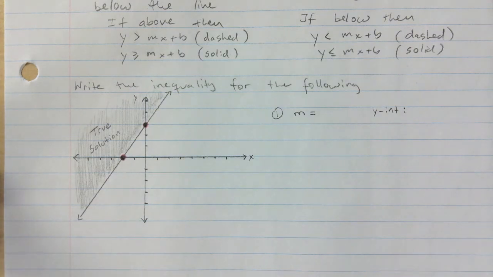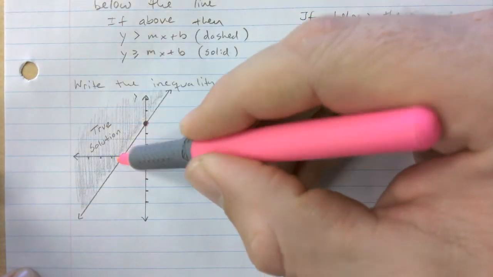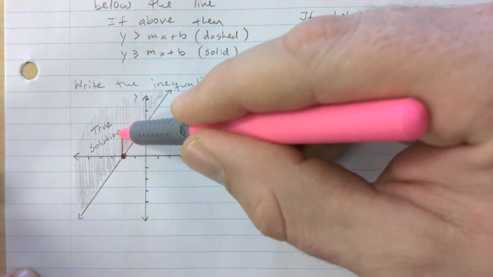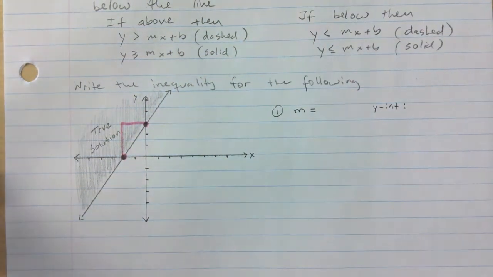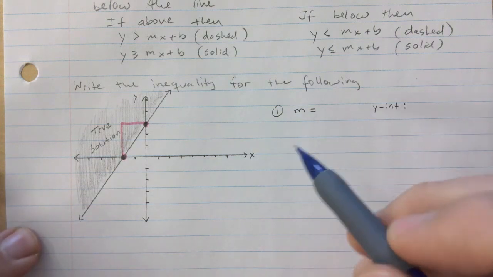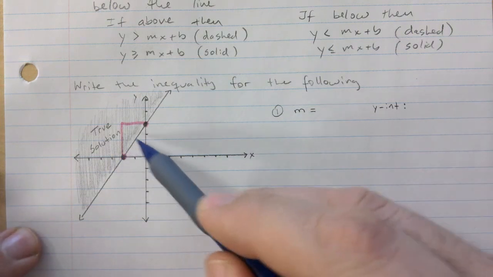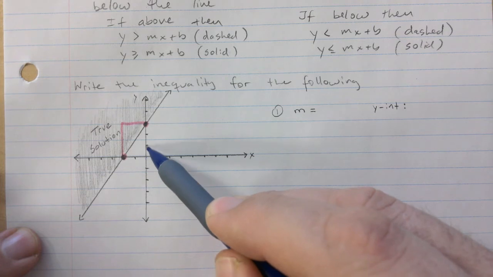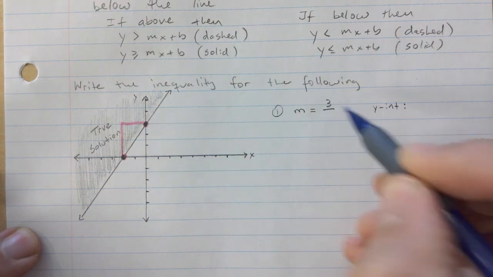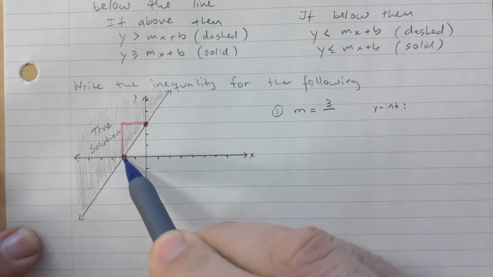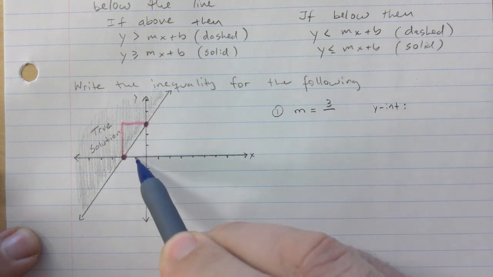There's a rise and a run. How much are you rising and how much are you running? The rise, if you count from down here, is 1, 2, 3. The run, from this point to that point, is 1, 2.